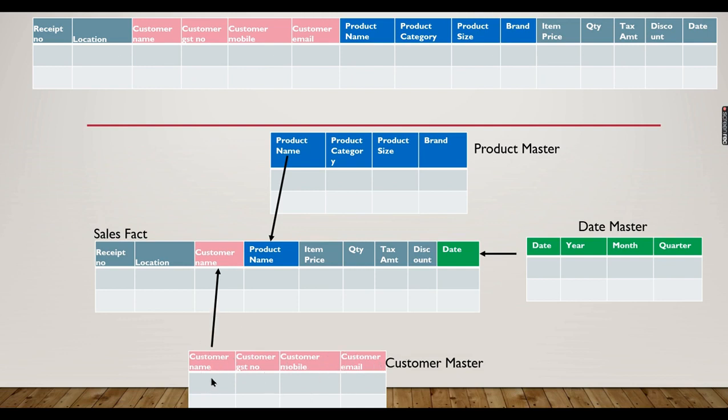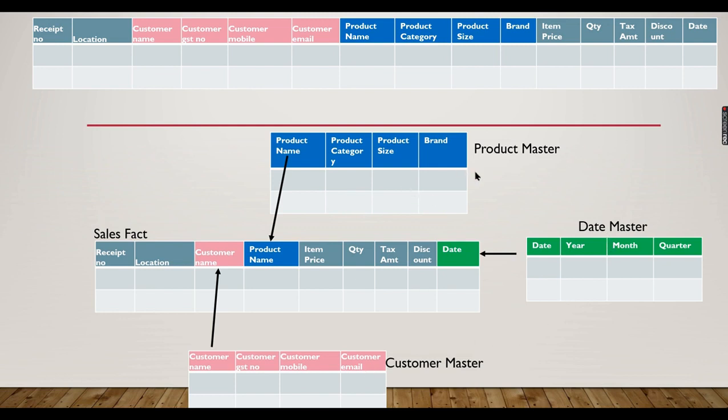So for customer information, you maintain it here. This table is considered your dimension table, and there won't be any duplicates. In this customer table, you will have one entry per customer. Similarly, you need to maintain a product table where you will have only one entry per product. So you will split all the master information like this.